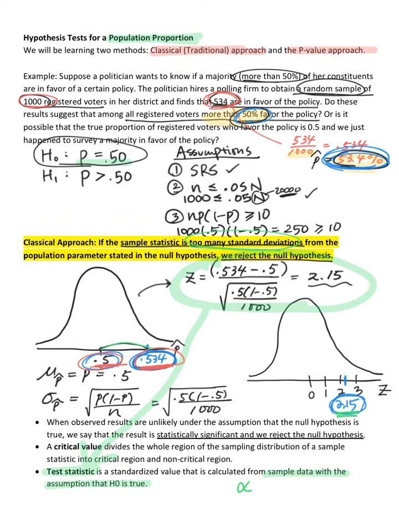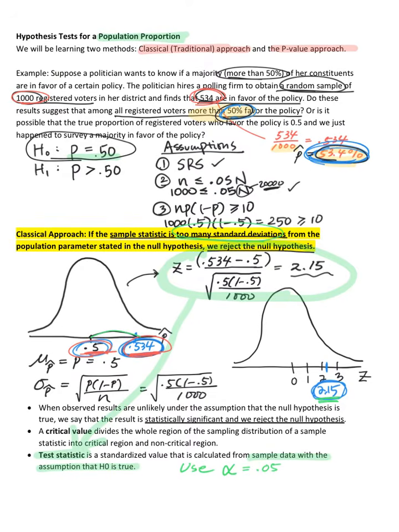So again, alpha is the probability of making a type 1 error, all right? So let's use alpha equals 0.05, all right? 5% error.